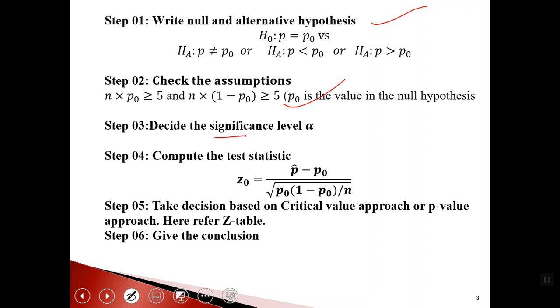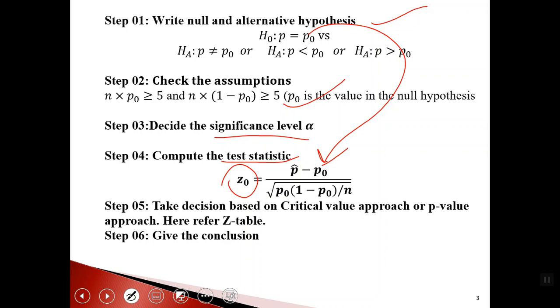Decide the significance level alpha, then calculate the test statistic, let's say z naught, or you can pick any letter, that doesn't matter, by using this formula: p hat minus p naught, divided by the square root of p naught times 1 minus p naught over n. Here p naught is the null hypothesis value.